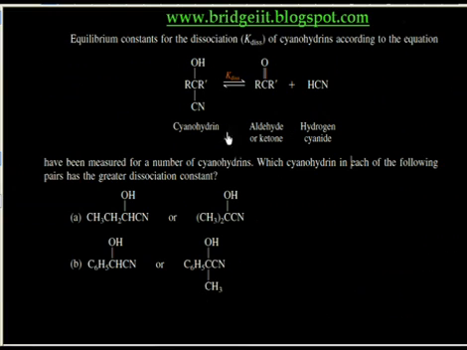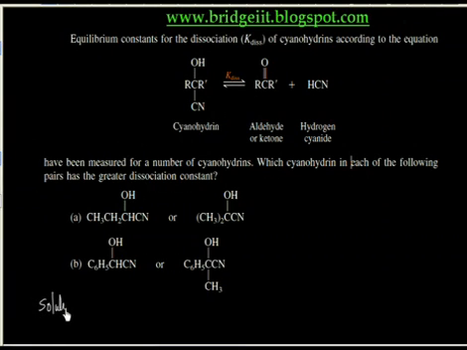Now this problem is related to dissociation of cyanohydrin. If you have a cyanohydrin, it can dissociate into either an aldehyde or a ketone, corresponding with R dash, and it gives you HCN. Now what are the factors on which this K dissociation will depend? Can you think of it? So let us discuss this problem.